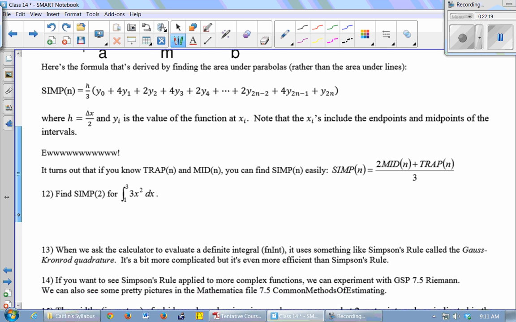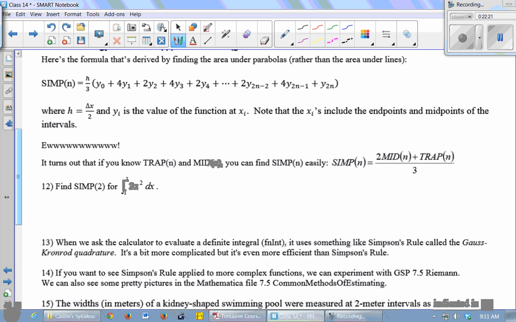So here's the formula that you get, derived by finding the area under parabolas instead of the area under lines using trapezoids. Ugh, it is pretty awful, and I'm not going to derive it. It's just ugly and messy, but you get the idea: fit a parabola instead of a line, find the area under the parabola.